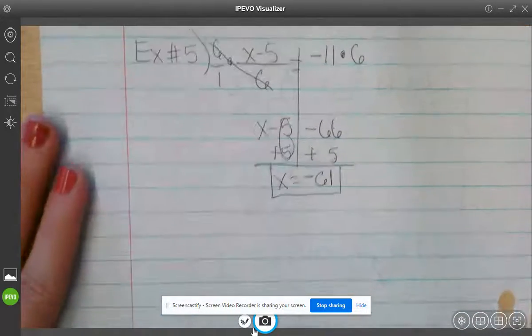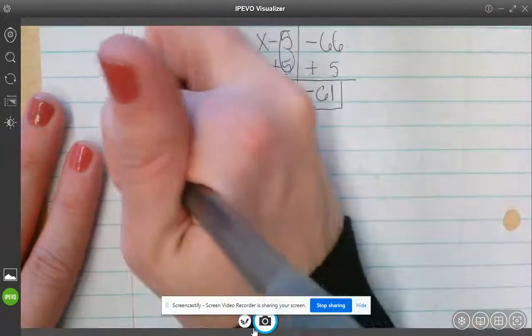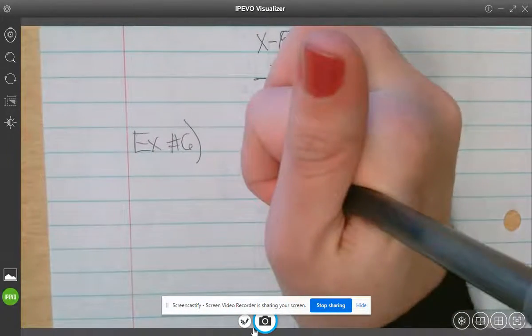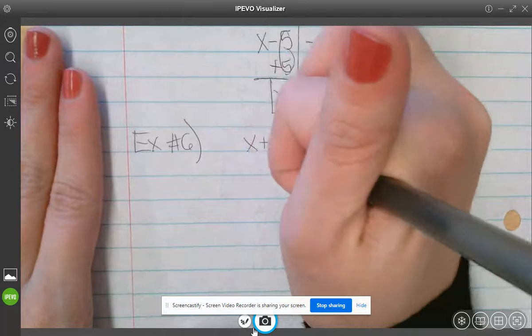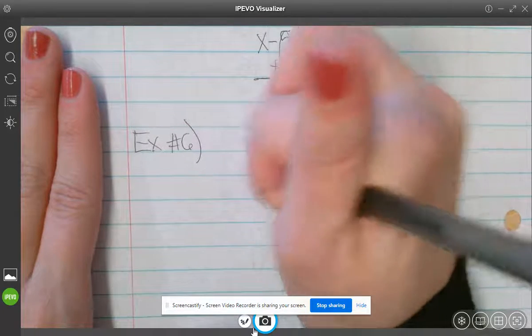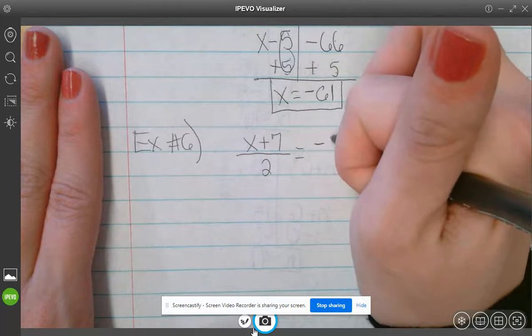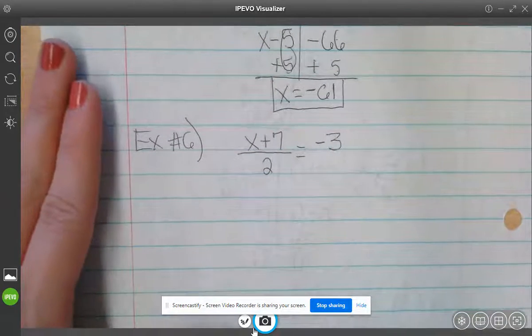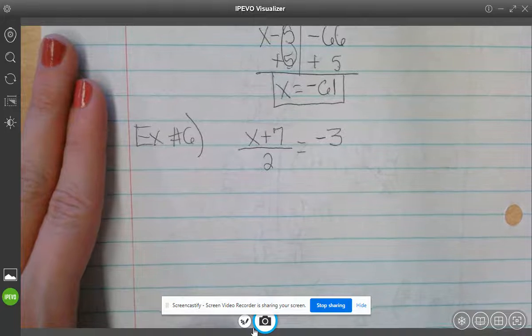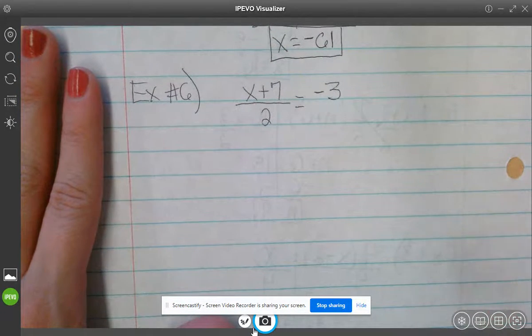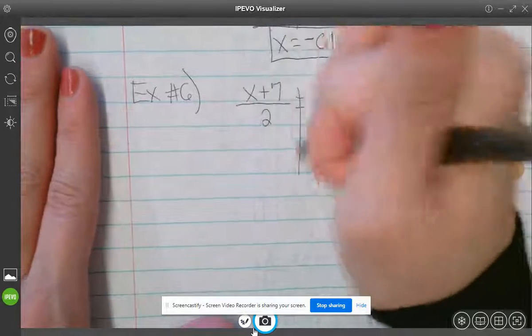All right, one more for you to try on your own, and then you can start your homework. Let's do x plus 7 over 2 equals negative 3. So pause this, try this on your own. Okay, hopefully you actually paused it.